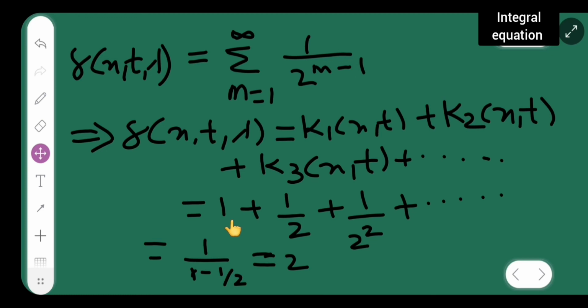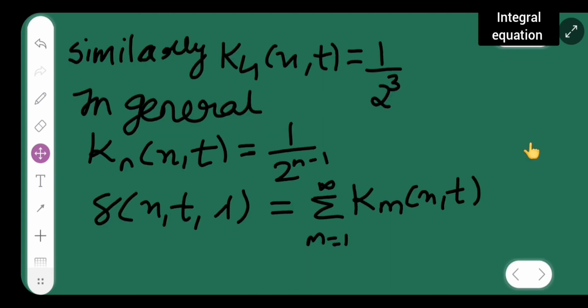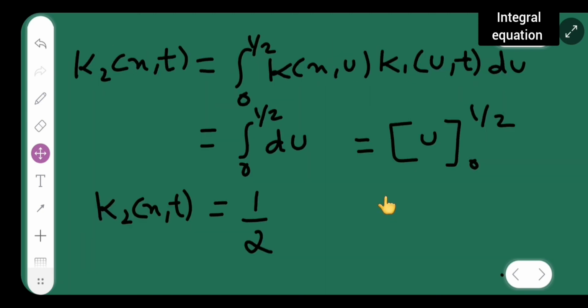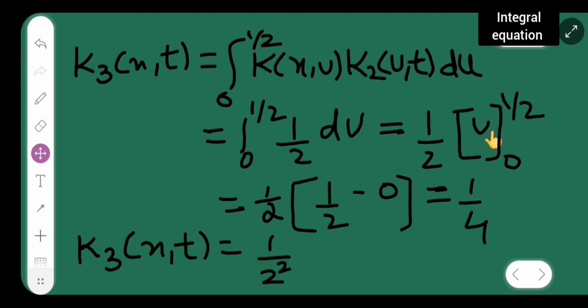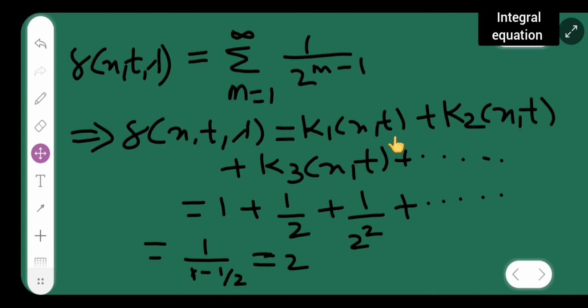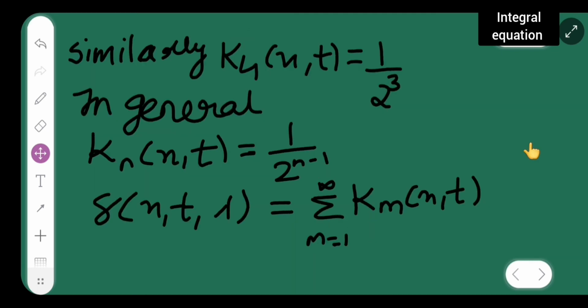Okay, so next is plus 1 upon 2. K2 of x comma t, what I got? 1 upon 2, right? So that's what I have written over here. Then k3 of x comma t is what? Half. And what is my k3 of x comma t? 1 upon 2 raised to power of 2.